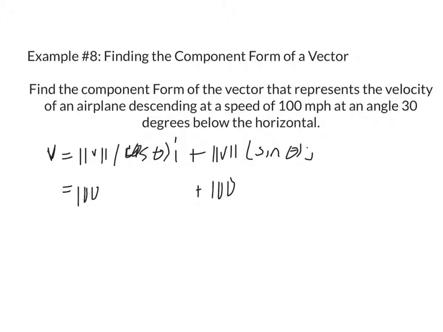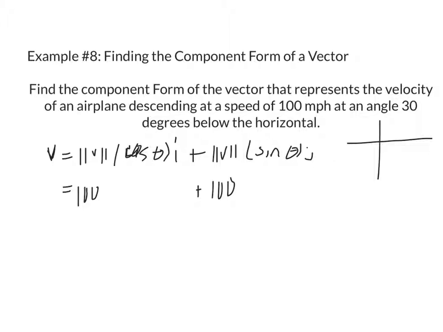Okay, and then let's think about it. It says that the plane is traveling at 30 degrees below the horizontal. So we would typically start at the positive x-axis. To be honest, this isn't fair.